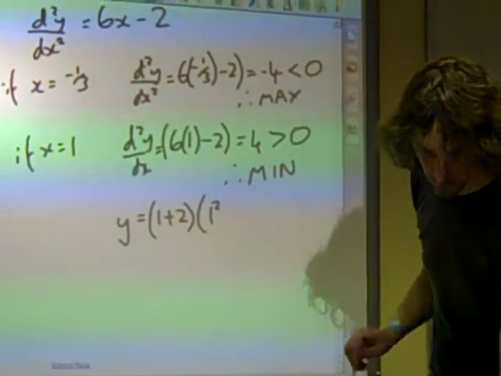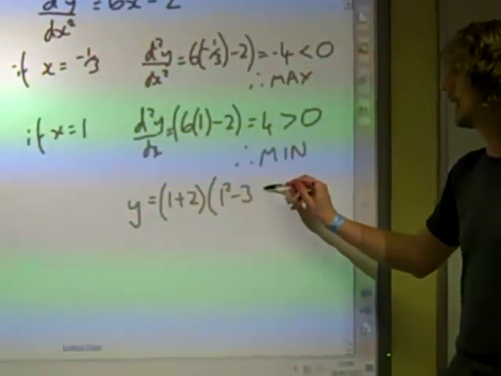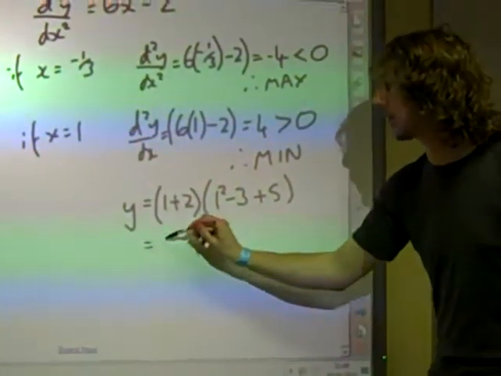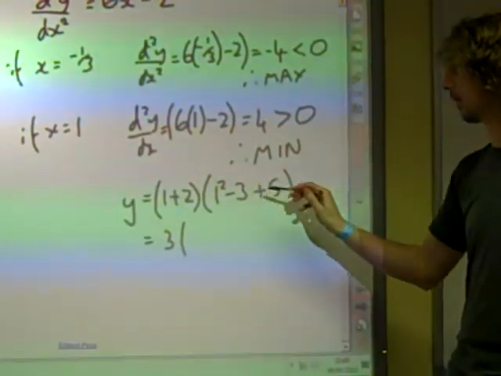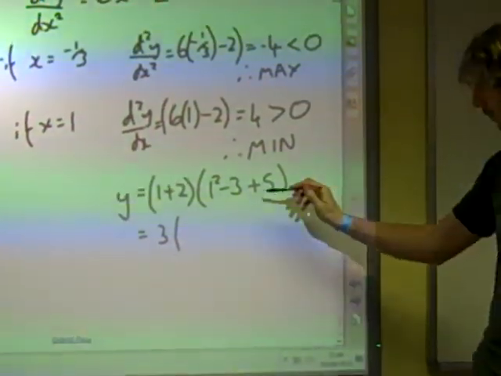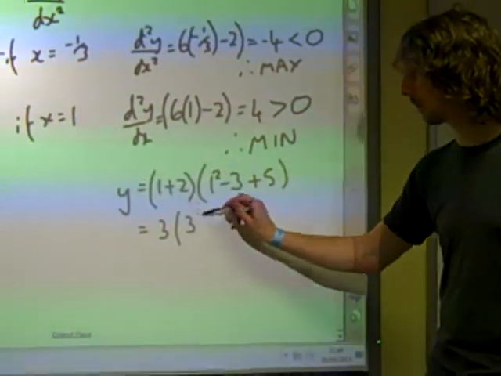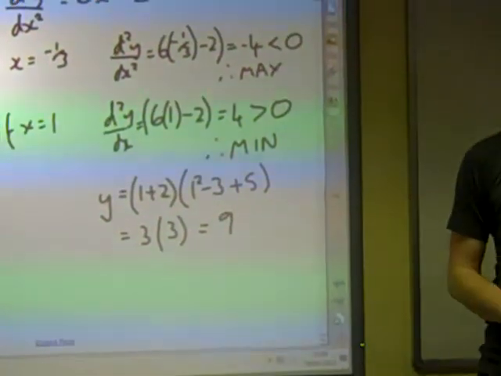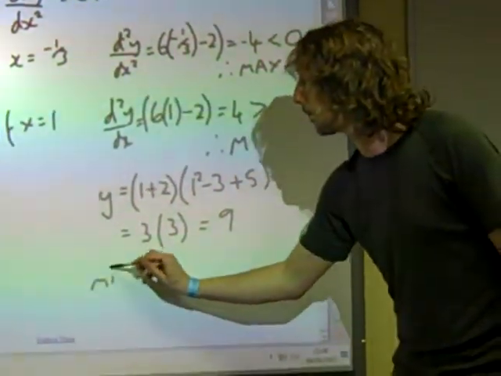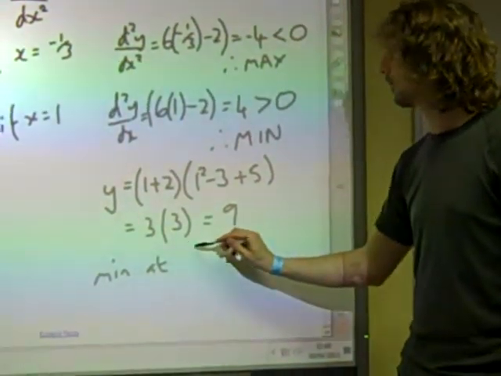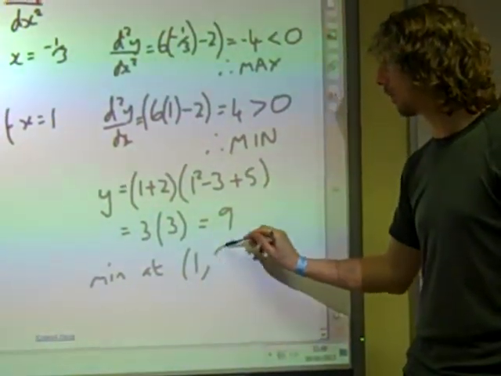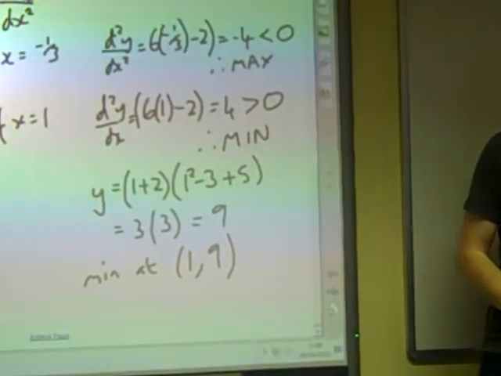What was the equation? Minus 3 plus 5, so we're doing 3 times 3. So we get 9. So we have a minimum at the point 1, 9.